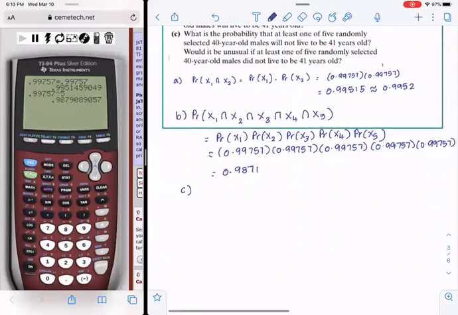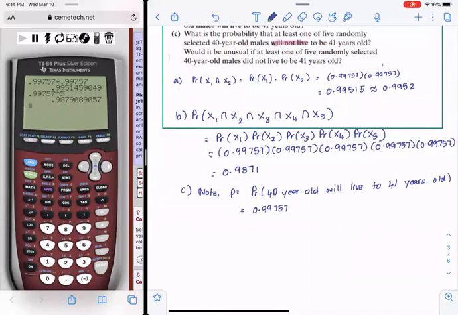So that's what we have. But the question wants to know the probability that at least one of 5 randomly selected 40-year-old males will not live to be 41 years old.